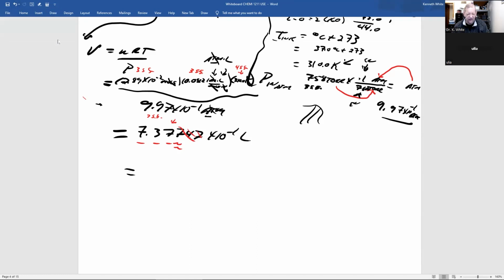And the correct answer would be 7.38 times 10 to the minus 1 liter, which would be about 0.7 or 730 milliliters, which would be, are you ready for this?